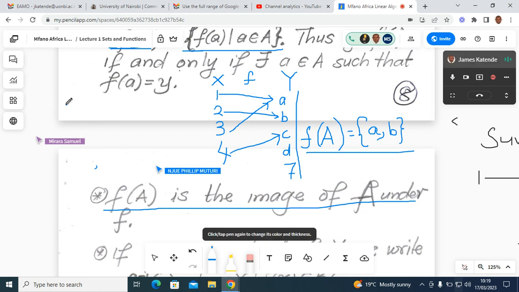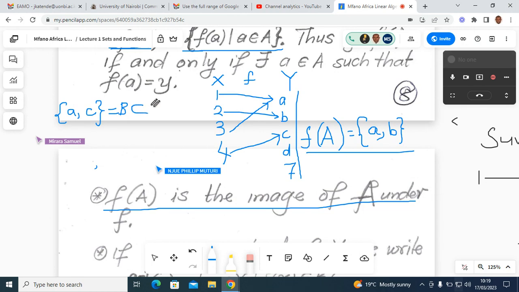So if I pick the subset, I can pick just A and C. I can call this subset B, and B is clearly a subset of Y.